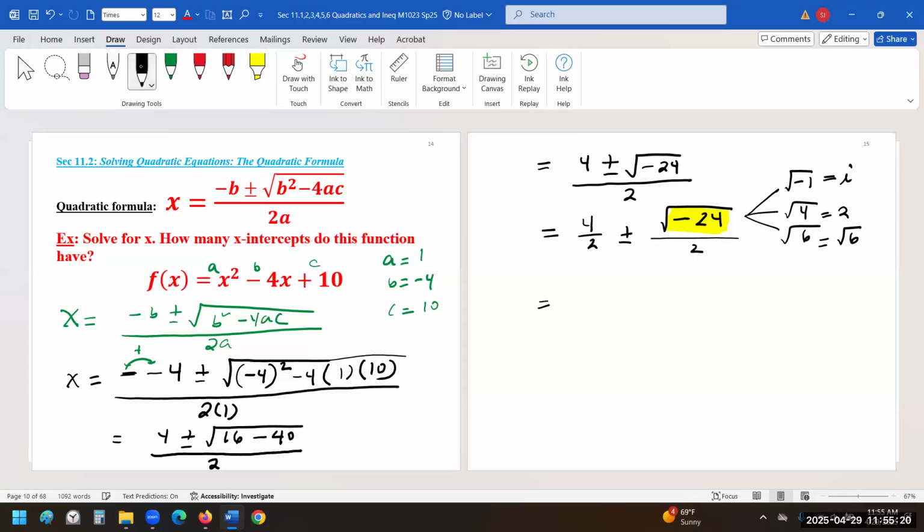That means here we get 2 plus minus 2i square root of 6 over 2. The square root of negative 24 becomes 2i square root of 6.